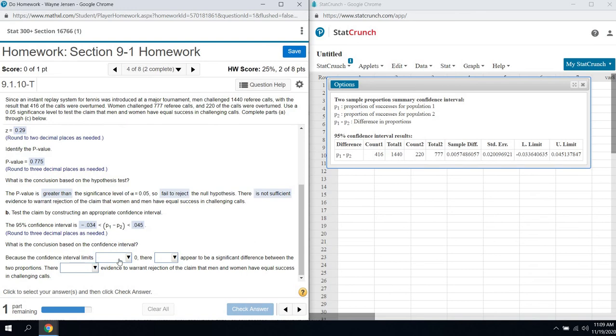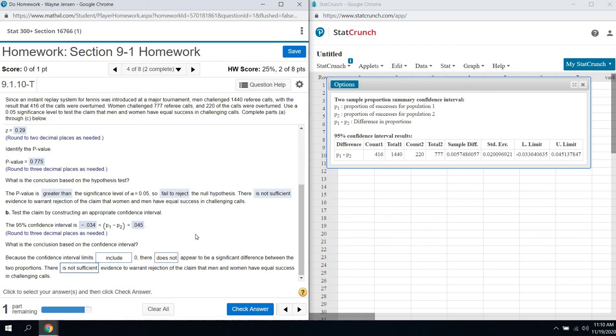Now, because the confidence interval does include 0, notice there's a zero in that interval, which means P1 minus P2 could be 0. And if it could be 0, then they could be the same. So there does not appear to be a significant difference between the two proportions, and there is not sufficient evidence to warrant rejection of the claim. So the not sufficient evidence will always match, or like we saw in the last one, sufficient evidence.